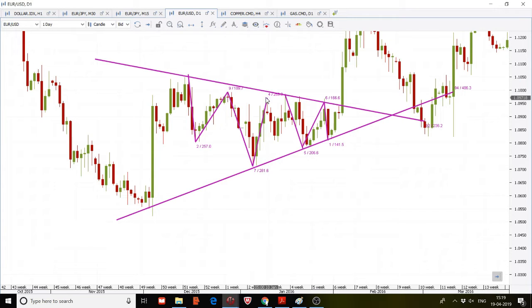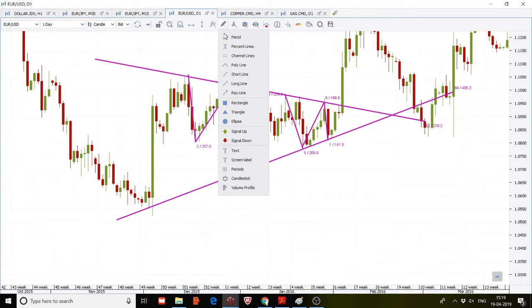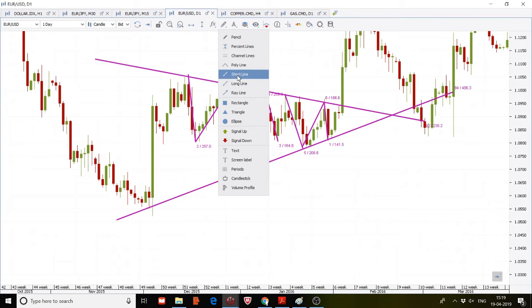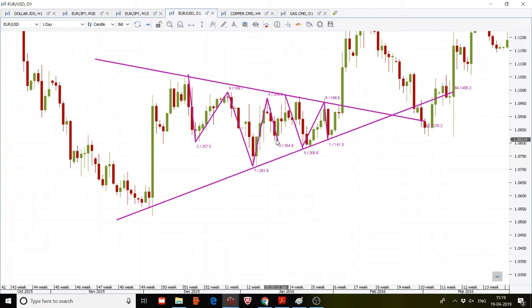So this is the three wave structure. Internally it is called the three wave structure. So you can get the 1, 2 and 3, and here also 1, 2, 3. But as a whole it is only one wave, that is the wave A.